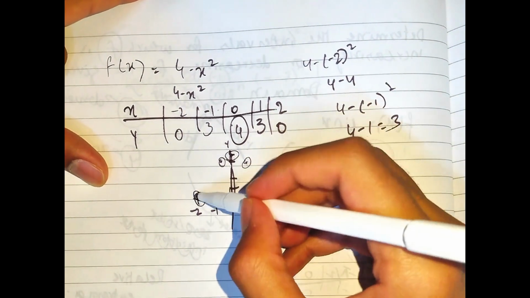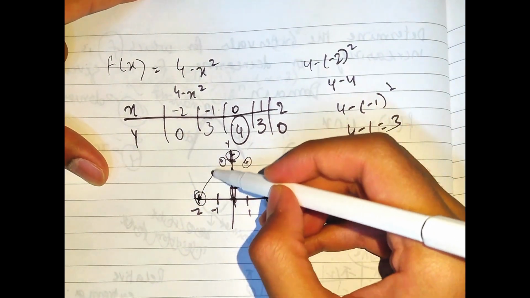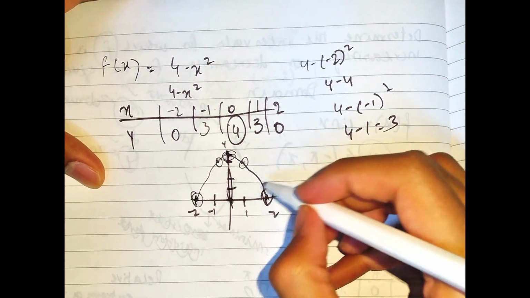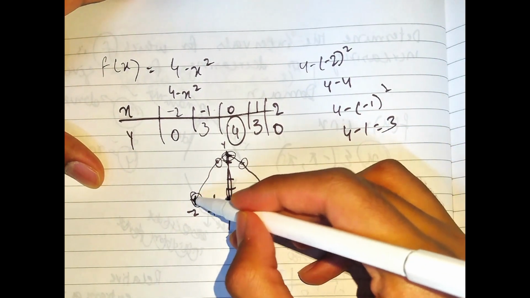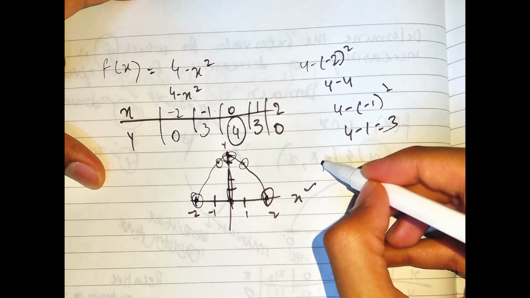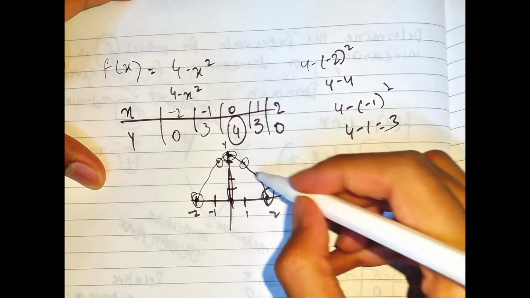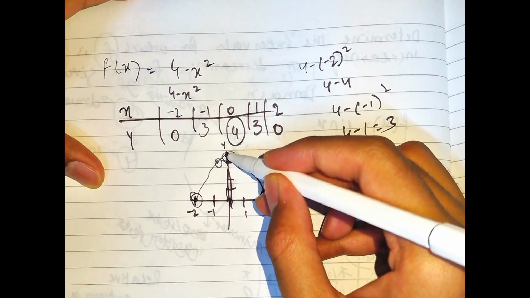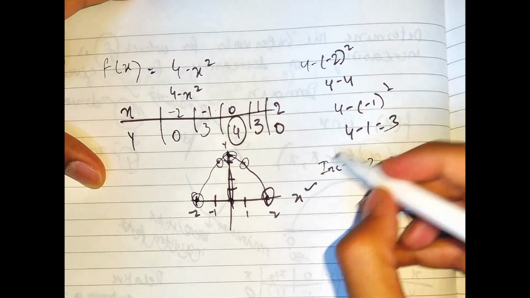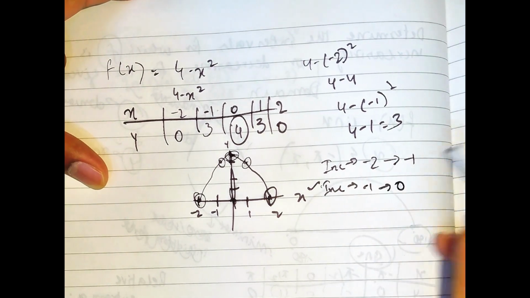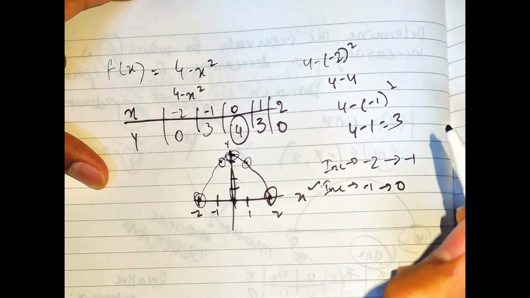Okay, so now let's draw this graph. This graph will be increasing up to this point, and then it will continue decreasing from this point. So the graph increases from negative 2 to negative 1. Then it continues increasing from negative 1 to 0. Remember, I'm considering the x values.